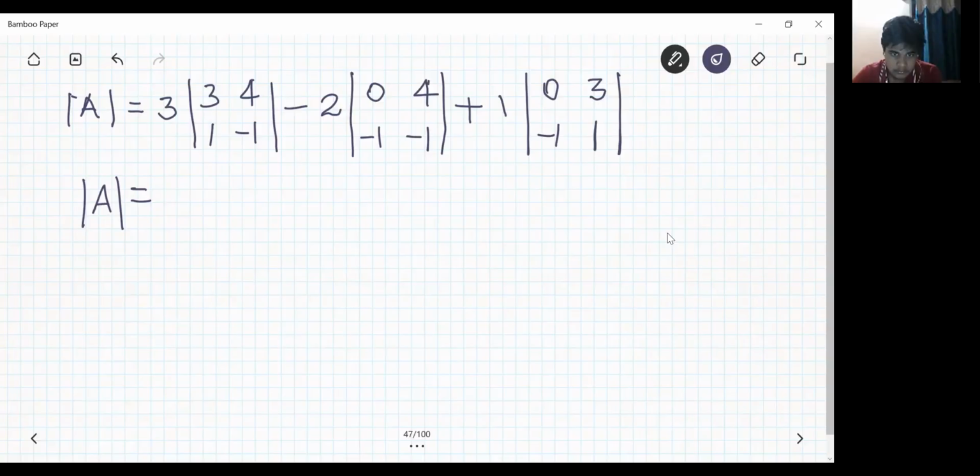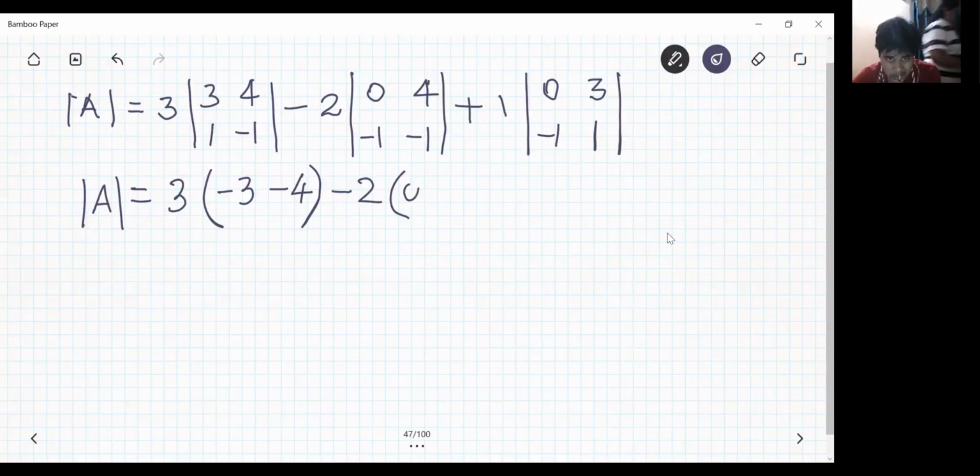That means we will have 3 into this one. When you multiply, you will get minus 3, 3 into minus 1. Then there is a minus in the formula, so that will give minus 4. Then minus 2 into this: multiplying 0 and minus 1 gives 0, and 0 minus 4 gives minus 4.